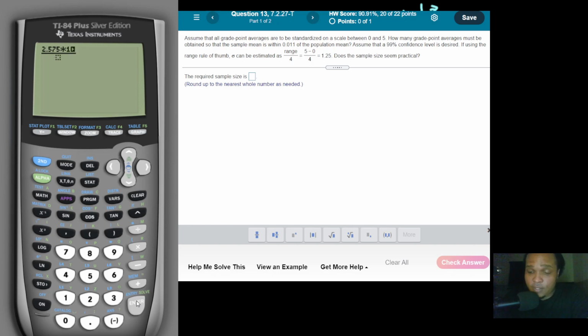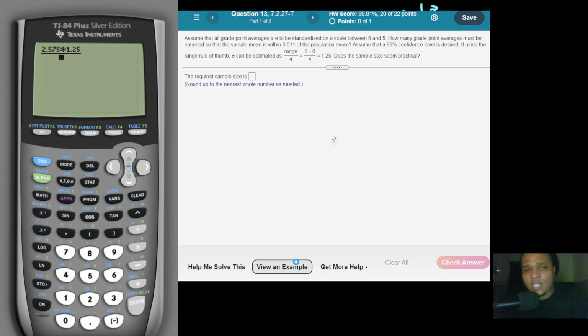They did it for us. 1.25. Gonna divide by the E, the margin of error. Did they give us any E? Let's see. Assume blah, blah. How many grade point averages must be obtained? That's between 0 and 5. I wonder if it's actually 5.